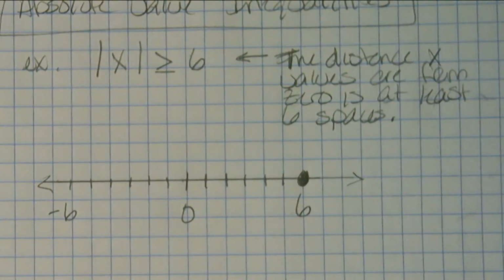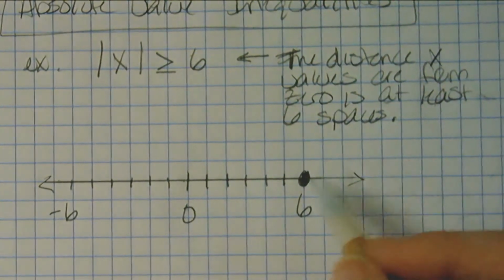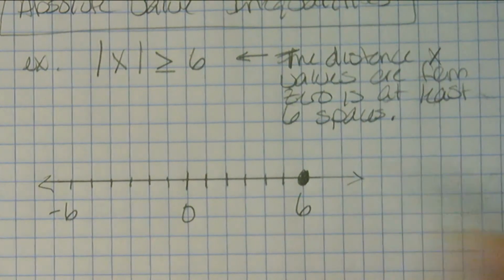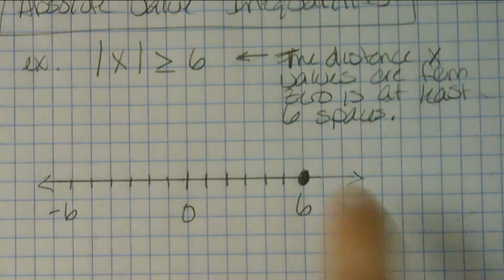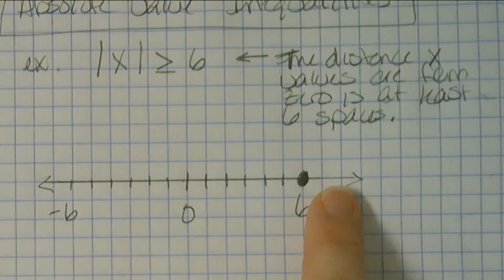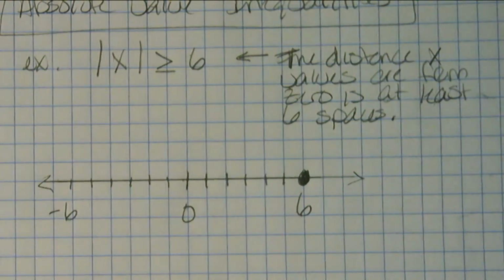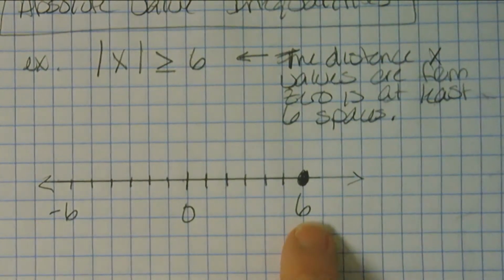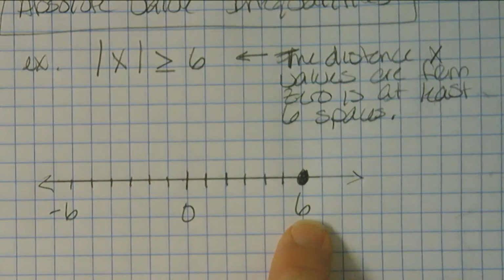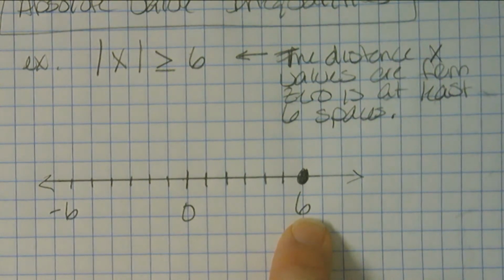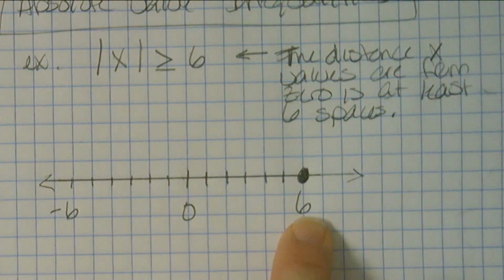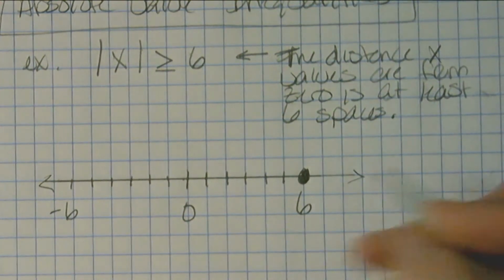Which direction am I going to go? If I start at my 6, where are all the rest of my possible x values that are at least 6 spaces away from 0? Ashley? To the right.